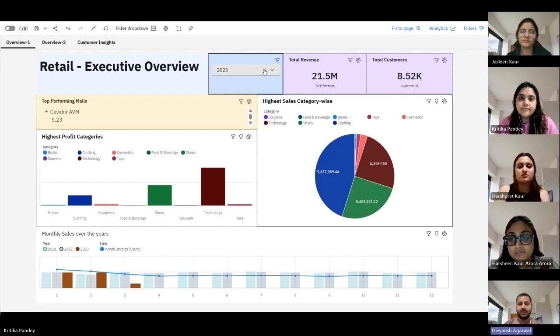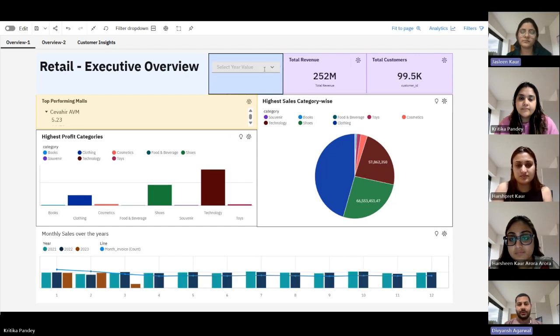So that's overall about dashboard one. And if I have to talk about the key insights from this dashboard, we can say that technology products drive the most profit, while shoes follow closely. Sales stay stable throughout the year, which shows steady customer engagement.